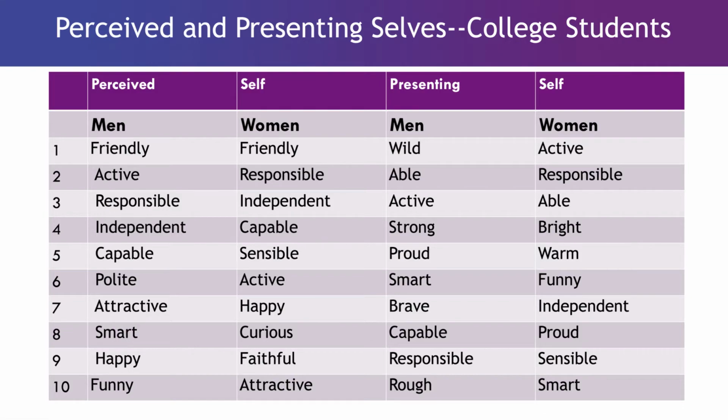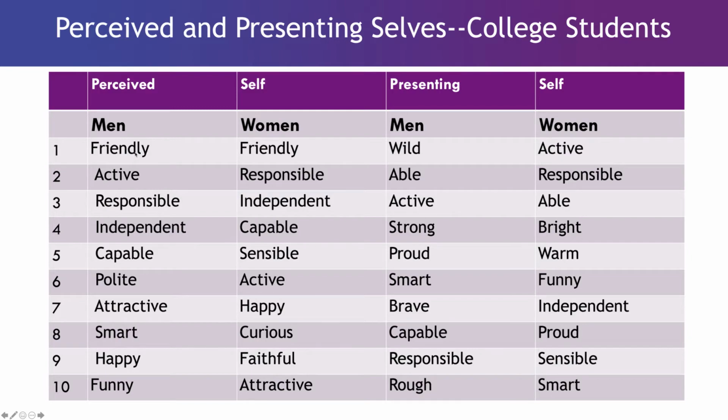Okay. So this is not in the textbook at all, but I thought this was interesting. And this is probably a decade old, so this is a little bit old because people change. They talk to college students, and if we're starting from the left, the first two columns are perceived self, how men perceive themselves and how women perceive themselves. And then this is how they present.